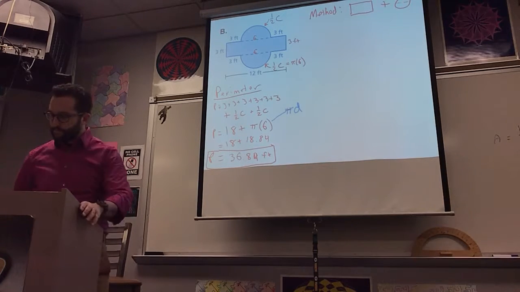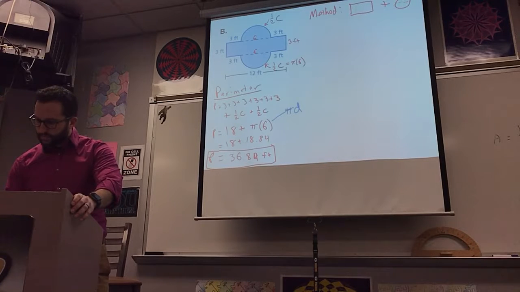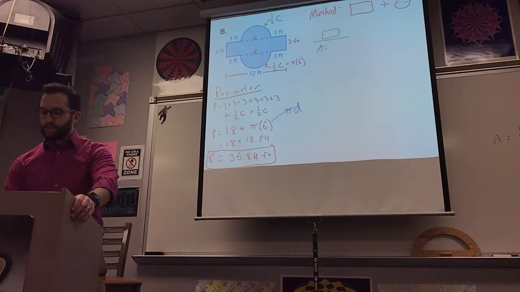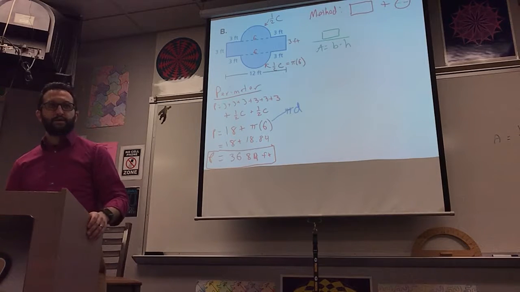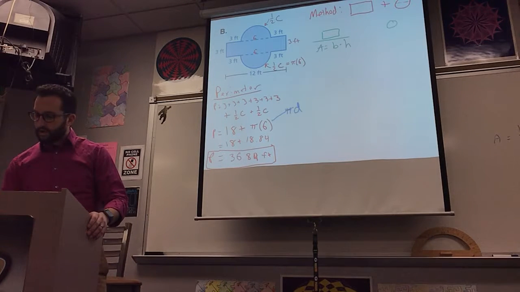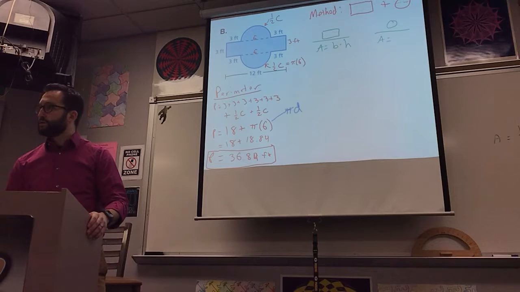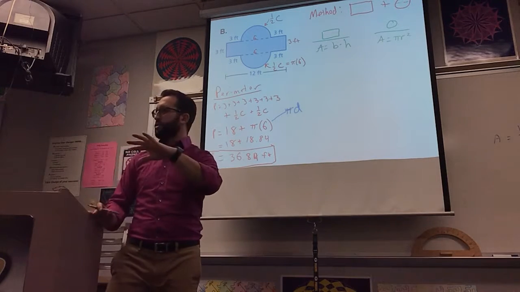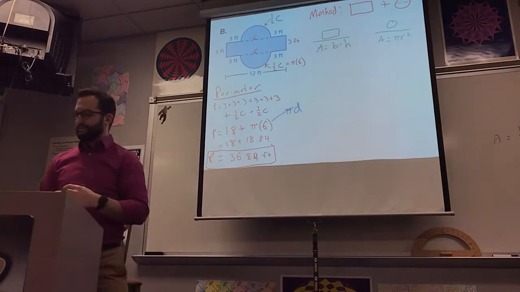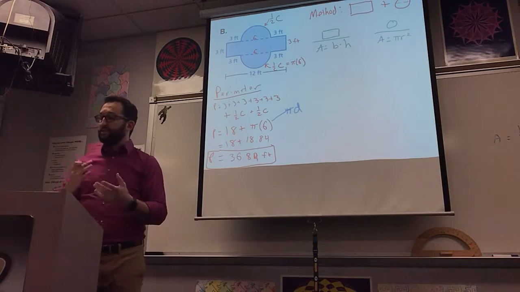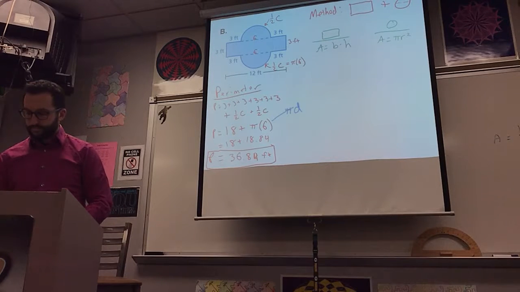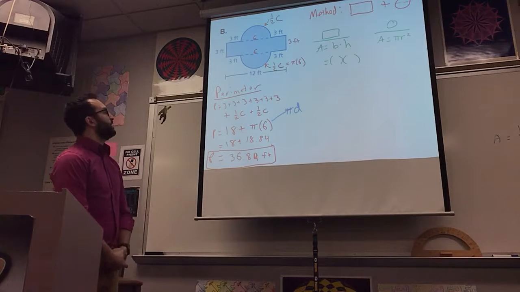Okay. So the rectangle. What's our area formula? A equals base times height. And the circle, what's the area formula for a circle? A equals pi r squared. Nice. If you didn't remember, just flip back in your notes one page. Let's do the rectangle first. What are the base and height of our rectangle?